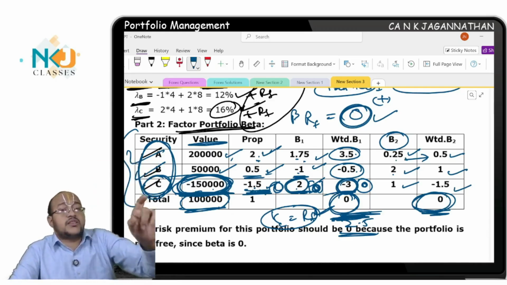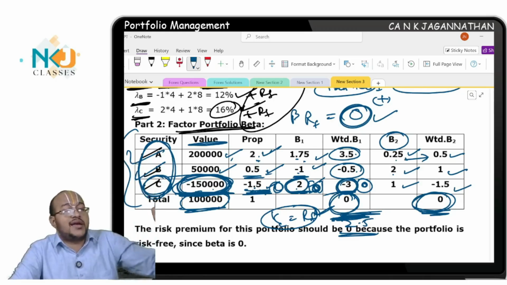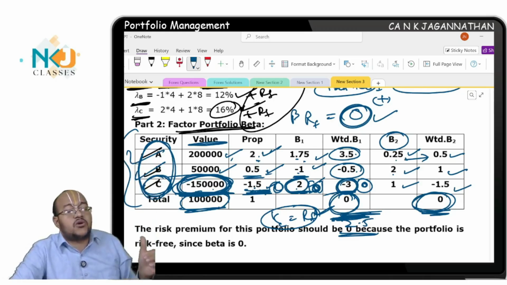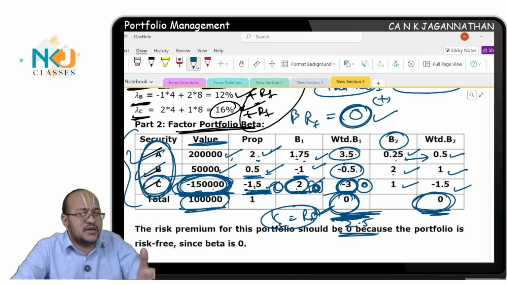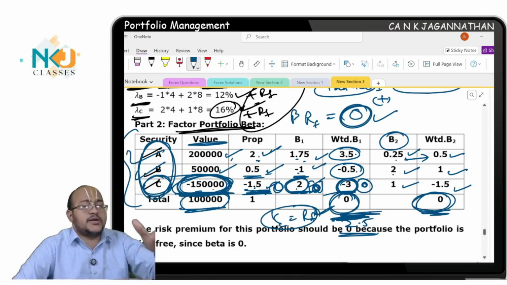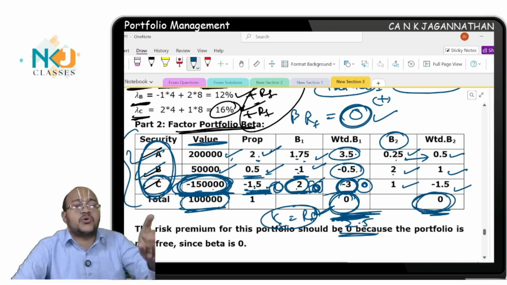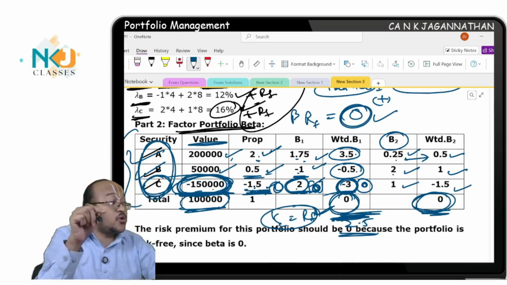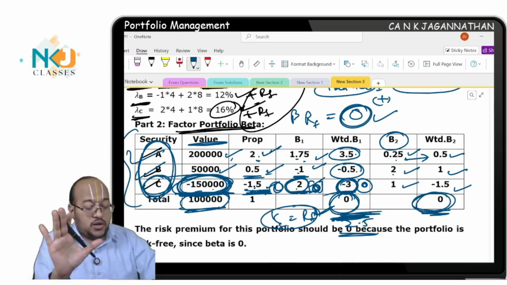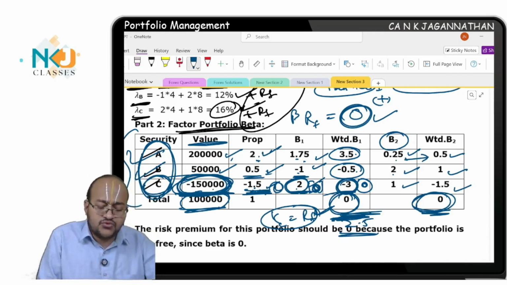I told you when the correlation is exactly minus 1, you can bring the portfolio risk to 0. Same situation by using short selling. You can create a negative beta situation where you can bring down the portfolio risk to 0. This will only happen due to short selling and not from borrowing.